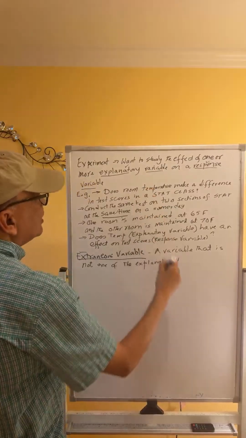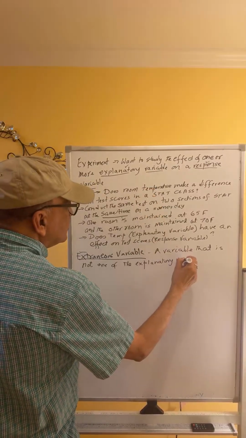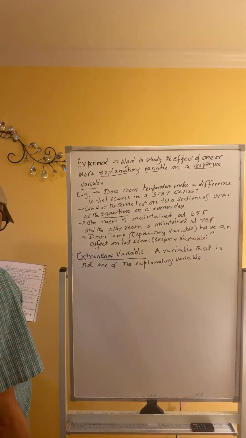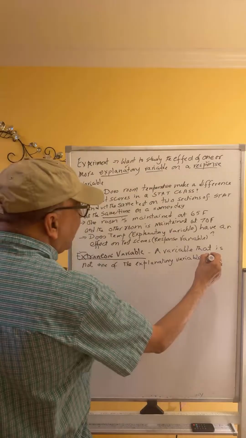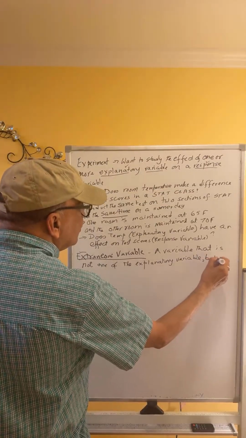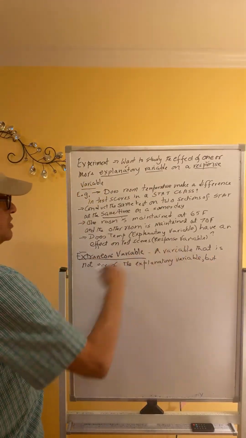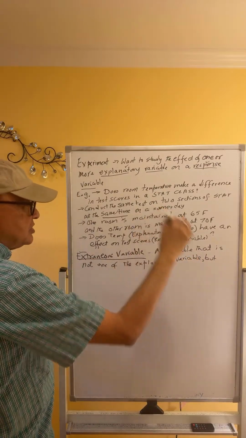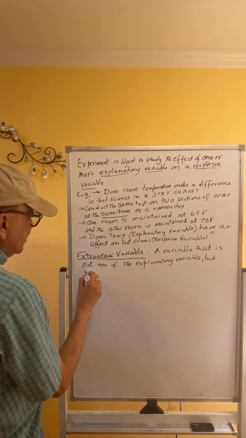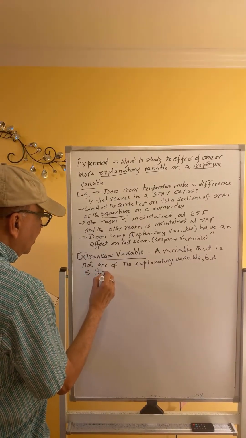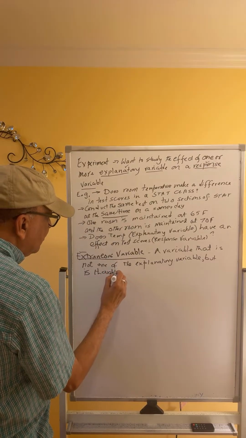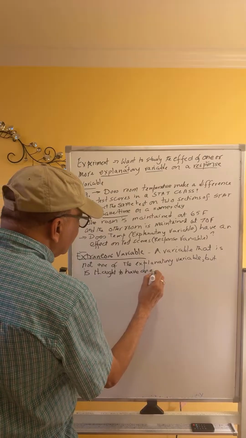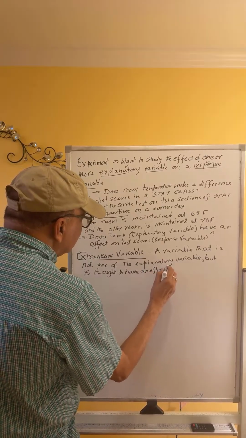Remember, in the previous experiment, temperature was the explanatory variable. An extraneous variable is a variable that is not one of the explanatory variables, but is thought to have an effect on the response variable.